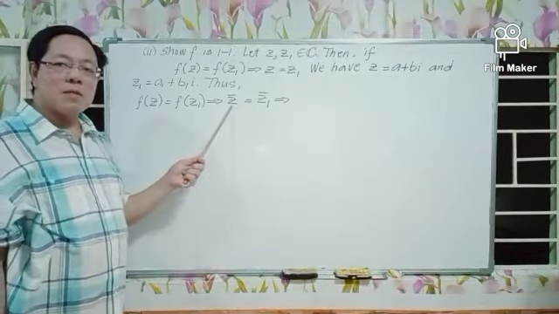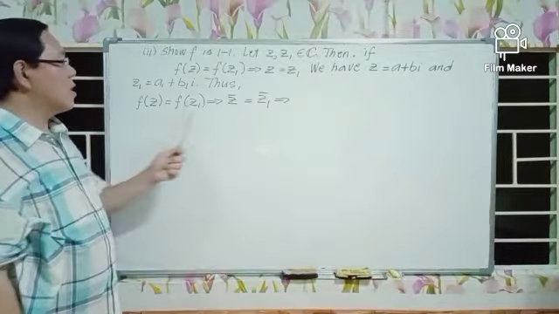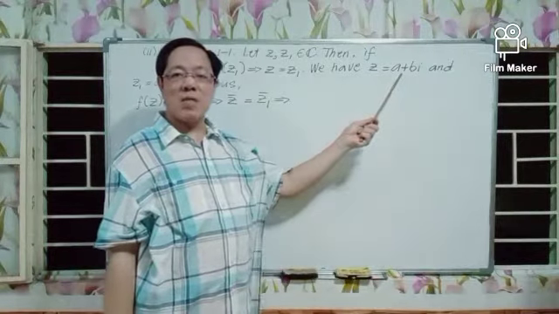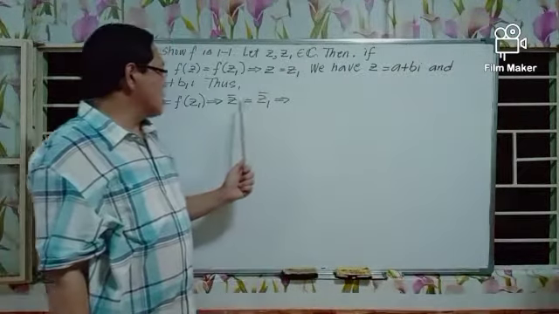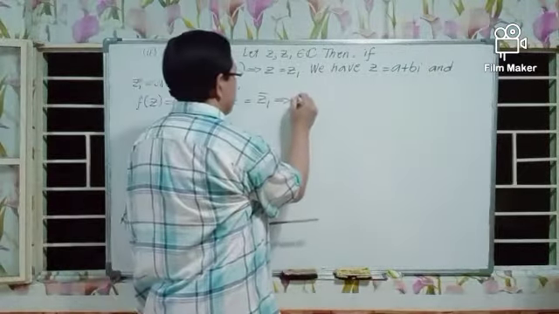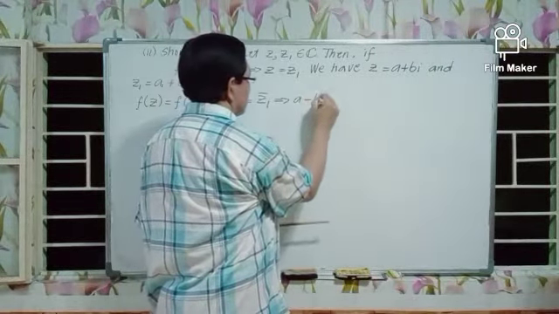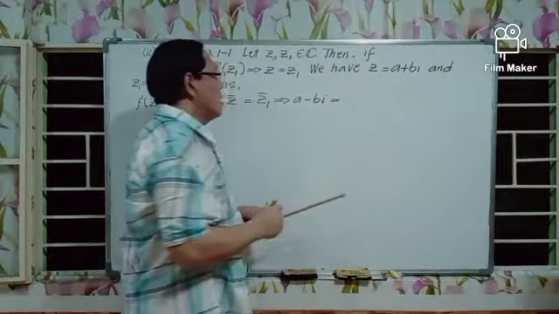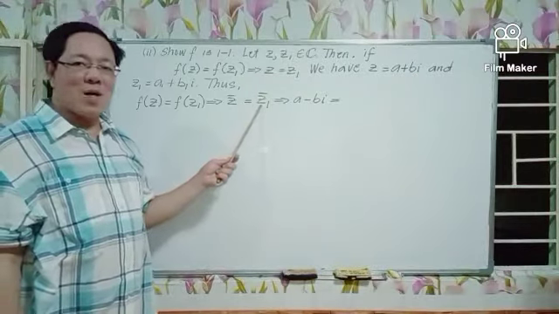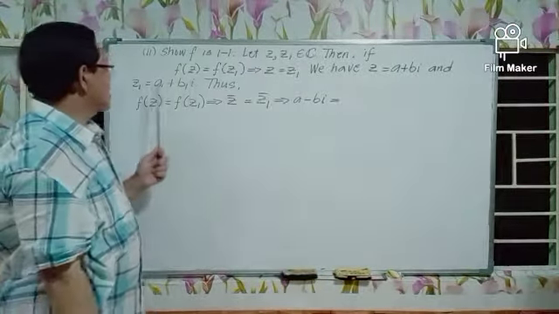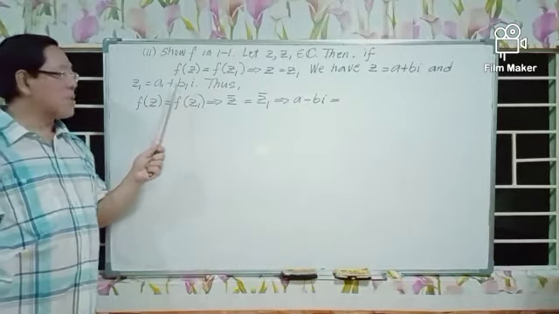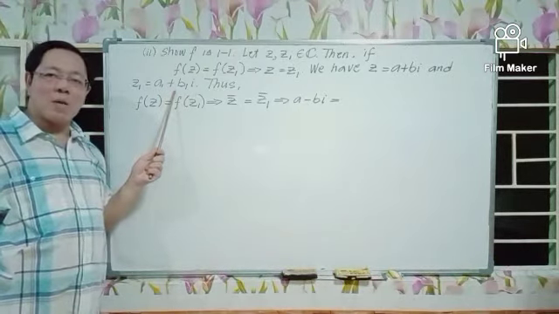But c bar is the conjugate of the complex number c obtained by taking the opposite sign of the imaginary part of c. So c bar is equal to a minus bi. And c sub 1 bar is the conjugate of the complex number c1 given by a1 plus b1i, and c sub 1 bar is obtained by taking the opposite sign of the imaginary part of c sub 1.